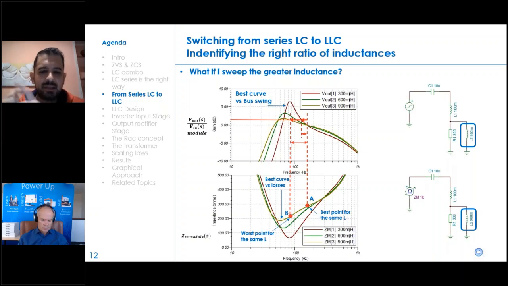What happens if we insert the magnetics? Are these statements true or not? Let's think about it.